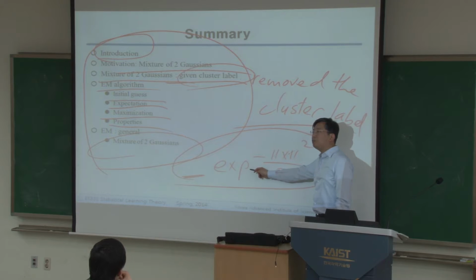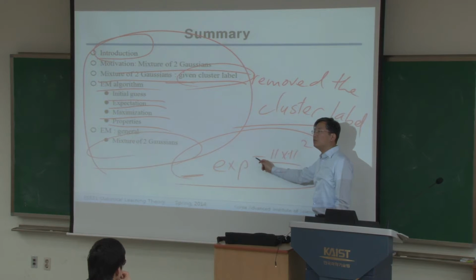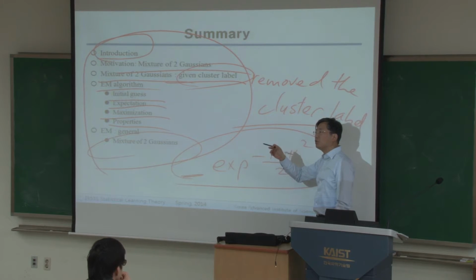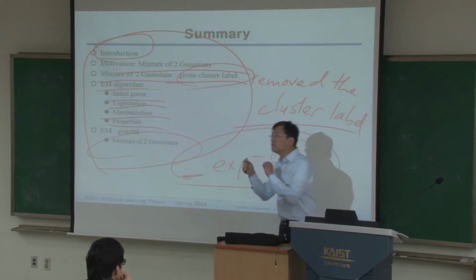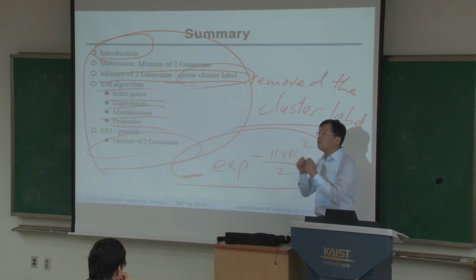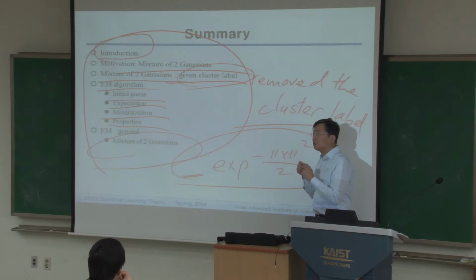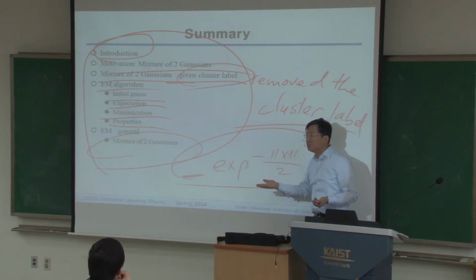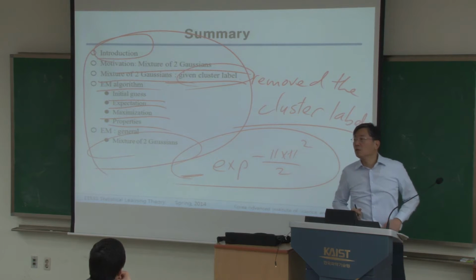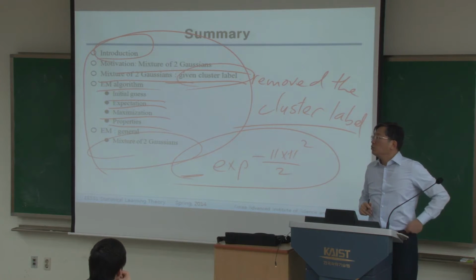I'm putting an exponential on the negative of the distance metric. See, clusters, you can make it similar if your measure in clustering is this. Okay? So you could be talking about the same thing, but this is more in a probabilistic way. You understand what I'm saying? Any more questions?